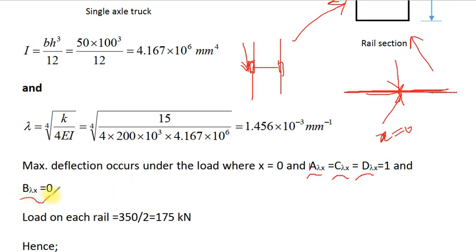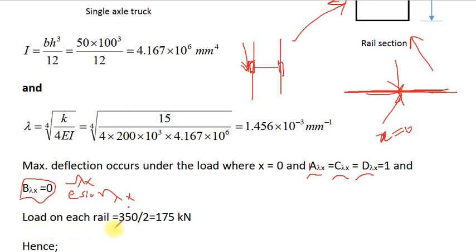Only B lambda x will be equal to 0, since it depends on sine lambda x, e to the minus lambda x multiplied by sine lambda x. Therefore, B lambda x will be equal to 0 at x equal to 0.